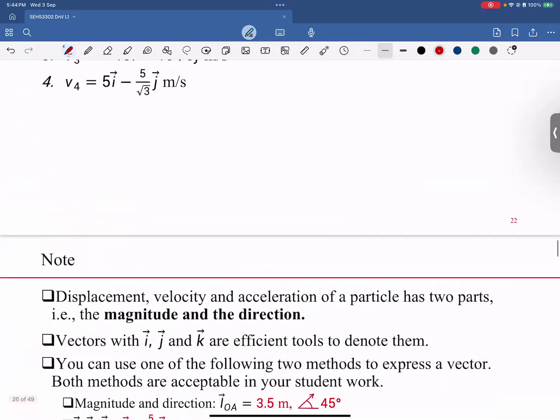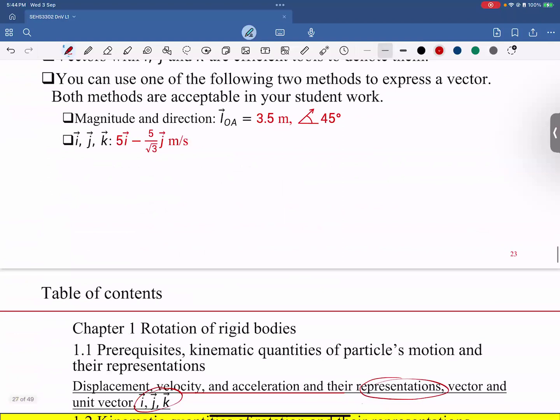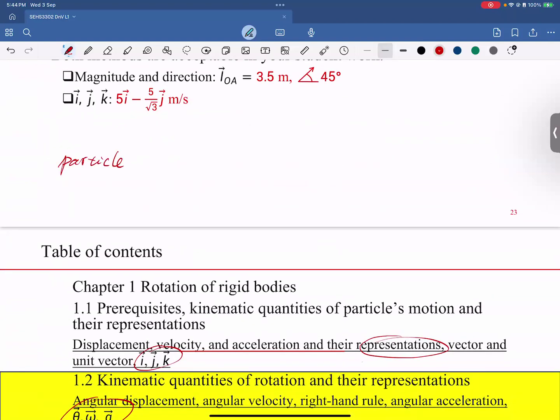So you see, for a particle, we have displacement, and we have velocity, right? And we have acceleration. But for a rigid body, it's not a particle anymore, right?